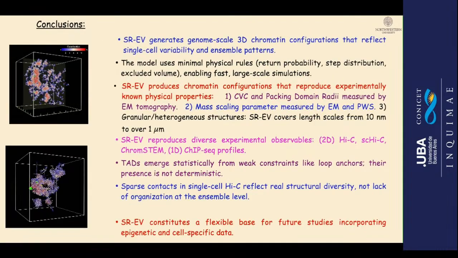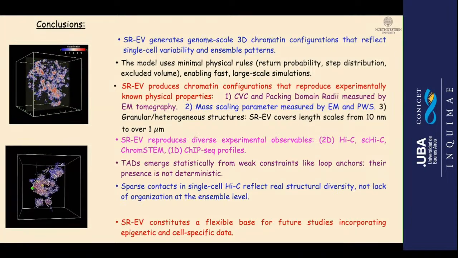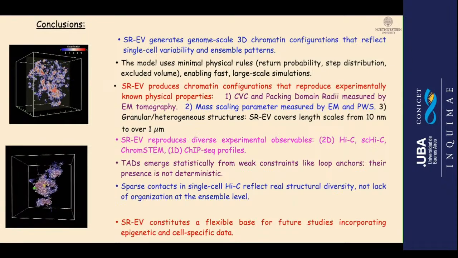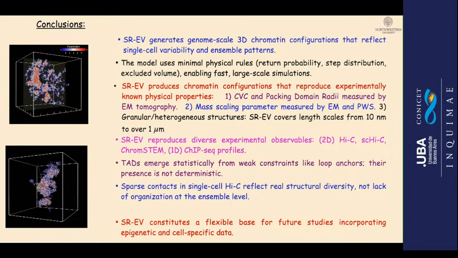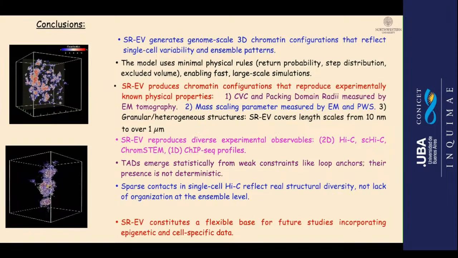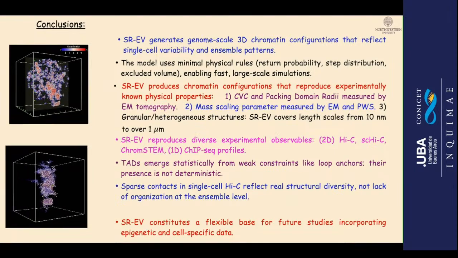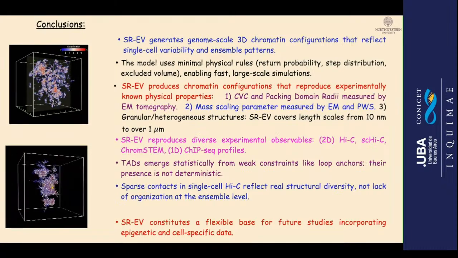Conclusion. The SR excluded volume model offers a scalar phase-based approach to modeling chromatin structure, generating full 3D configurations without relying on detailed interaction networks.